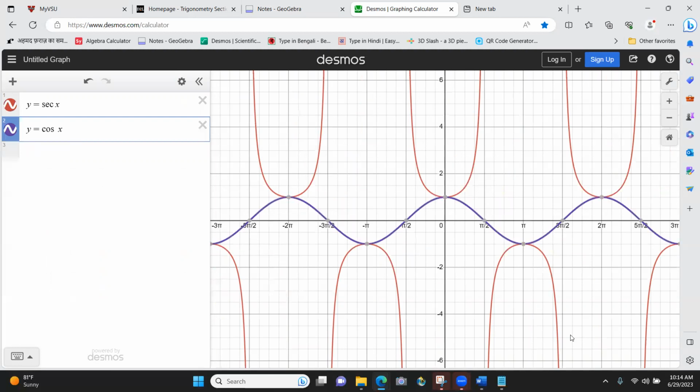The period is 2 pi. Now the asymptotes are in different places. The asymptotes for the secant function are at pi over 2, 3 pi over 2. Do you have to memorize all this? No. Do you have access to the graph? Yes. Once you know how to read it, you're in good shape. That's all from this section.